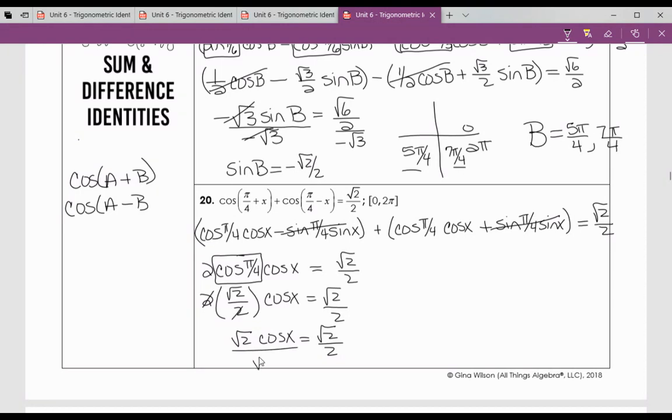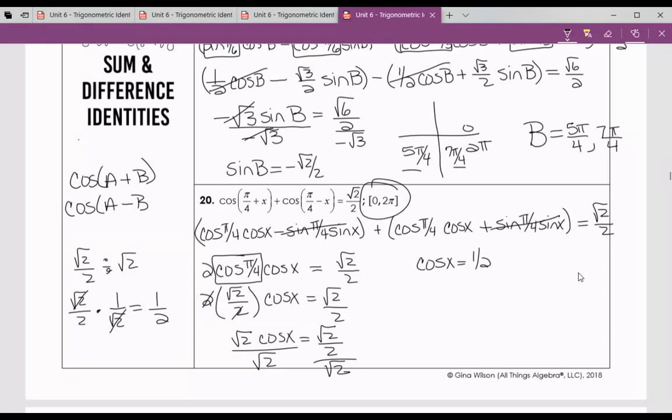So I'm going to divide both sides by square root 2. So square root 2 over 2 divided by square root 2 becomes square root 2 over 2 times 1 over square root 2, and the square roots can cancel. So I end up with cosine x equaling 1/2.